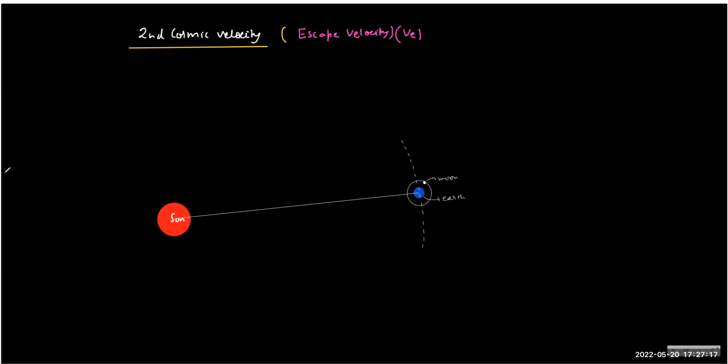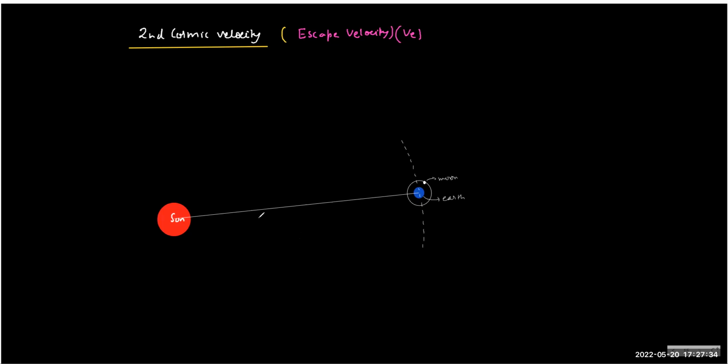I'm not saying it is not affected at all, but the local gravity of Earth is the predominating feature compared to the Sun's gravity, which is very small. Understood?